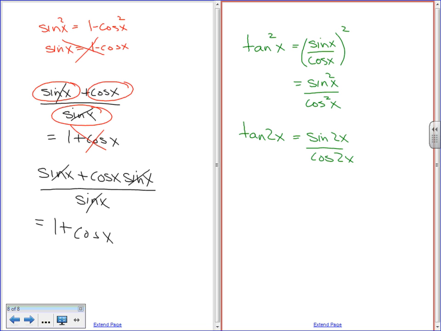Okay? The only time you would ever use your tangent double angle formula is if the whole entire identity only had tangents in it. Okay? Then you can just work with tangents. Okay? If not, remember, your first step is to change everything in terms of sine and cosine, so then do that. So then these are some common strategies for tangent.